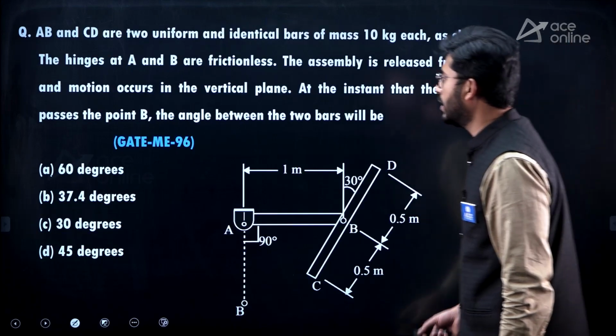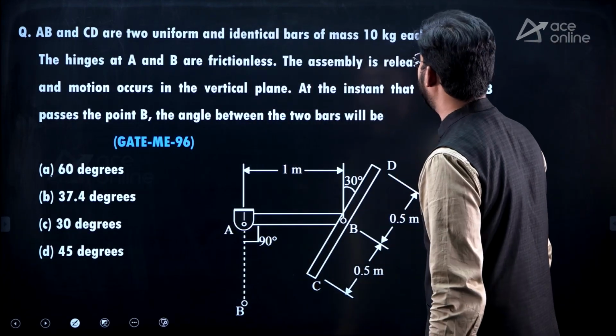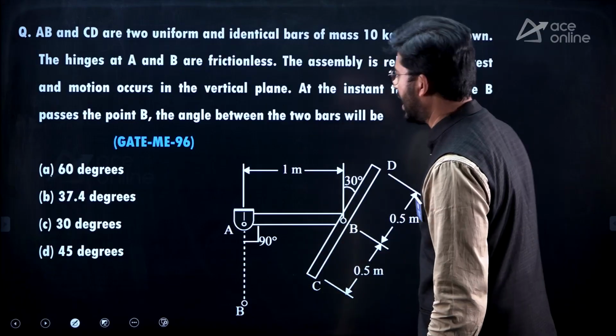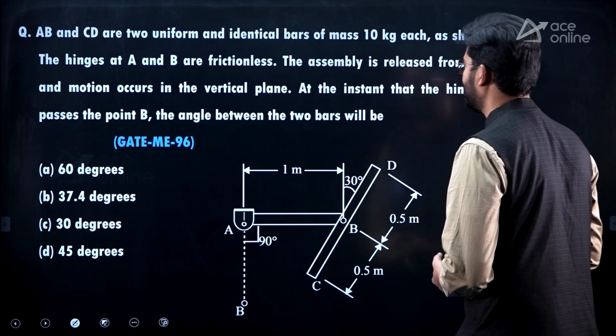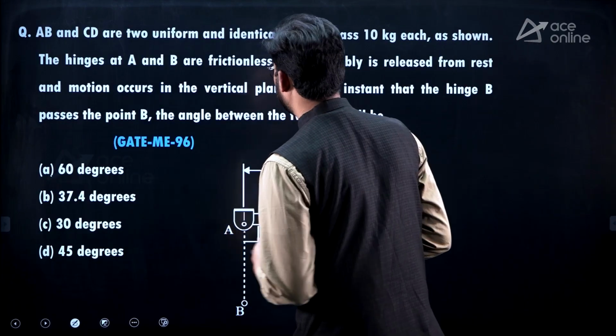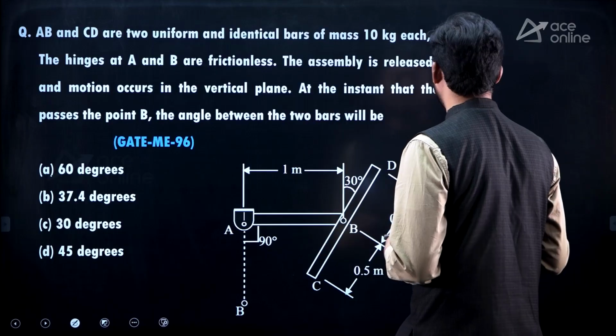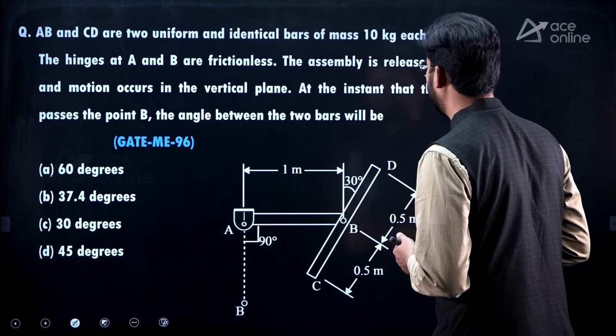In the next question, AB and CD are two uniform and identical bars of mass 10 kg as shown in the figure. The hinges at A and B are frictionless, and the assembly is released from rest and the motion occurs in the vertical plane. At an instant when the hinge B passes through the point B, the angle between the two bars is asked.